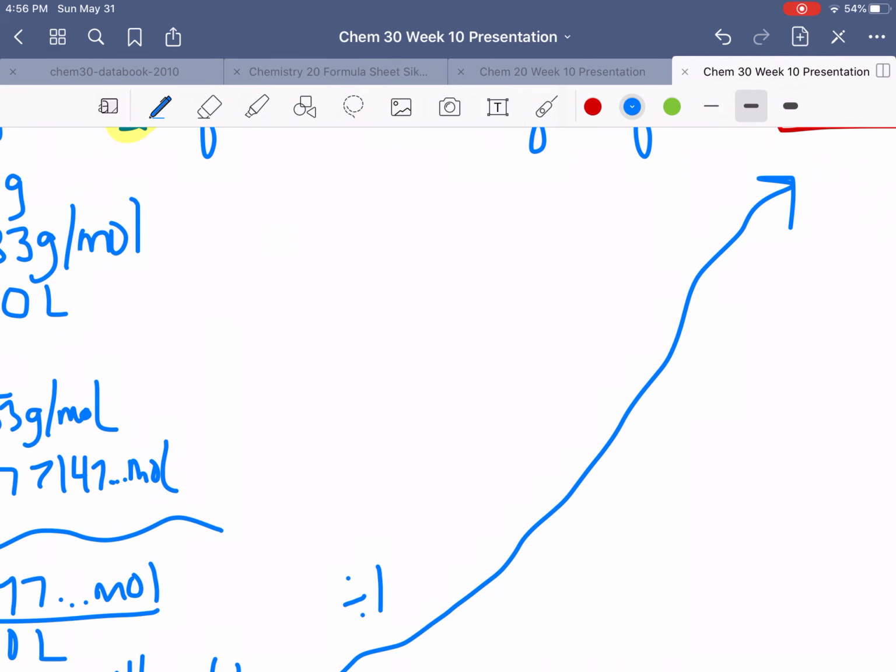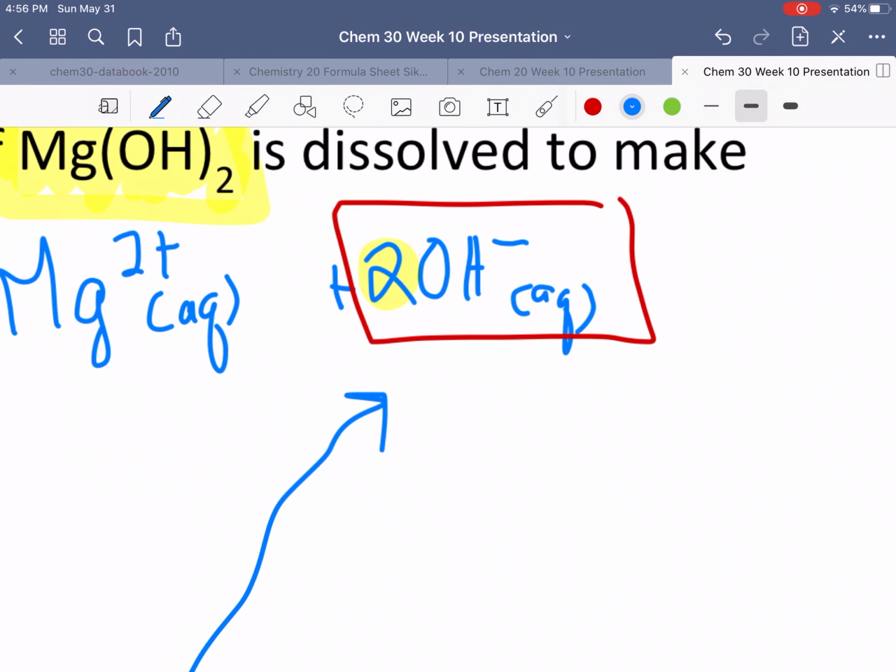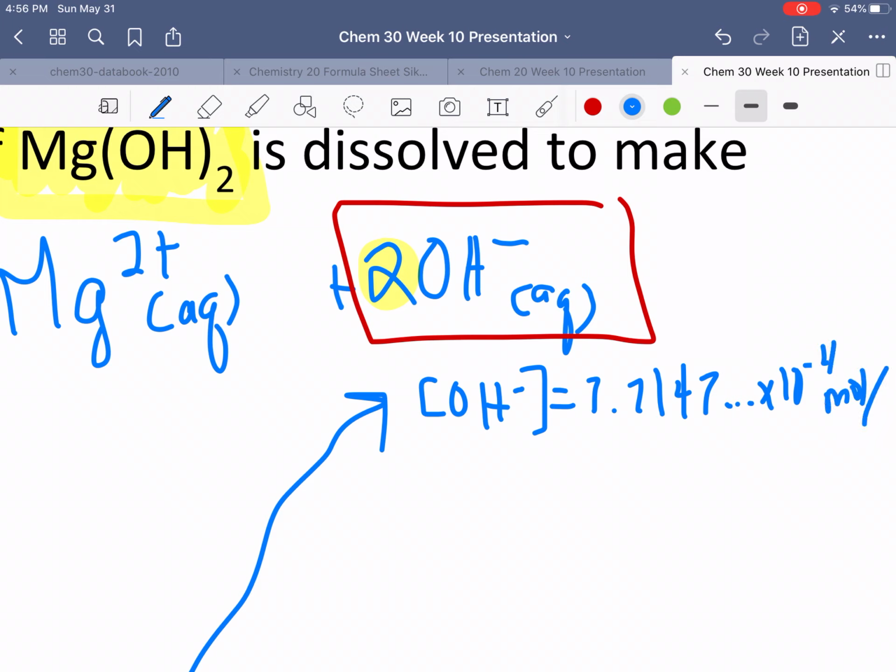I divide by 1 because the coefficient on magnesium hydroxide is 1. Then I times by 2 moles because the coefficient on hydroxide is 2. I'm going to end up with a hydroxide concentration, I'm not going to round it yet, of 7.7147... times 10 to the negative 4 moles per liter.